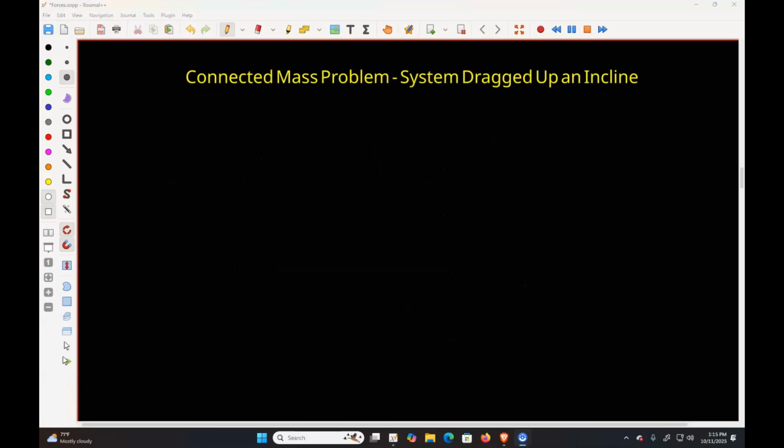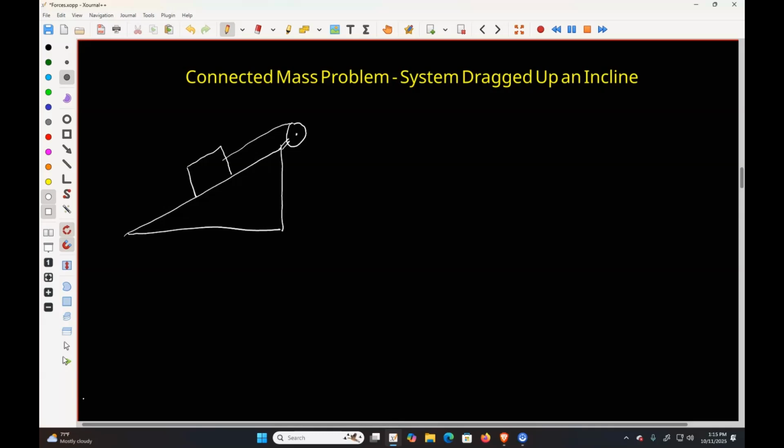The last example, I have a ramp and on this ramp I have an object. Very similar to the last problem.